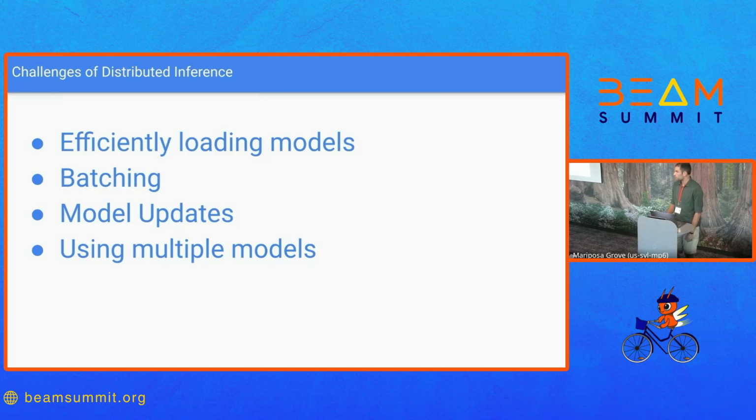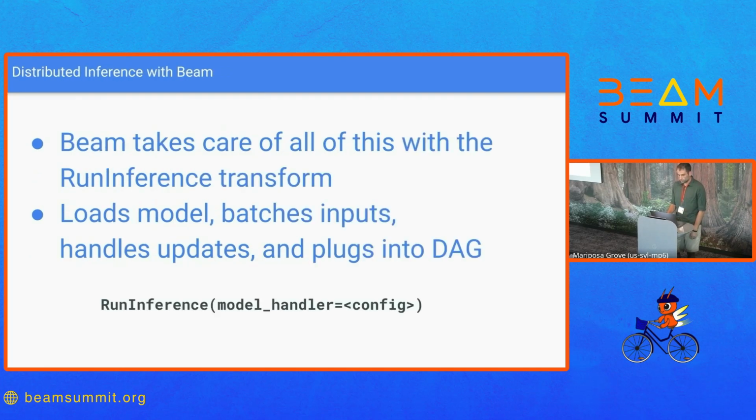And we saw, especially with Beam, a lot of people rolling this themselves and doing the same things over and over again. And so out of that, we introduced the RunInference transform, which some of y'all may be familiar with. Basically, RunInference takes care of all of the boilerplate tasks that people were performing over and over and over again, and especially all of the things that are specific to Beam.